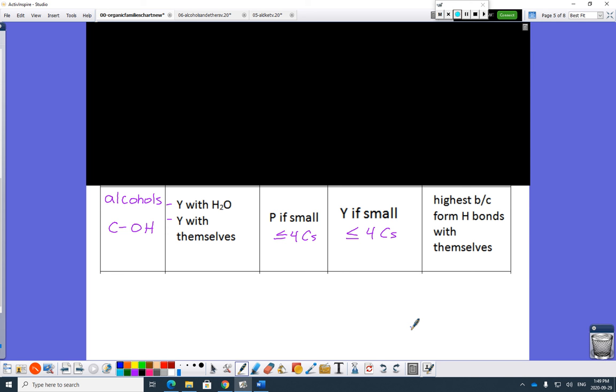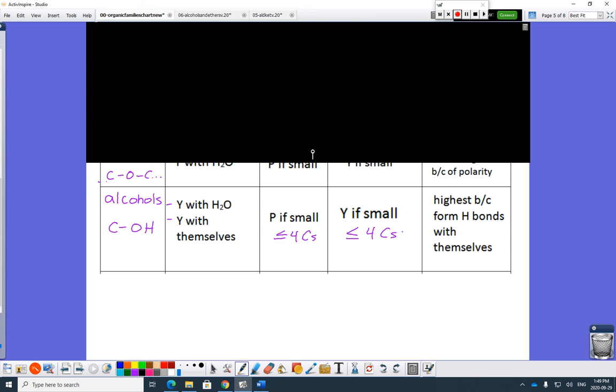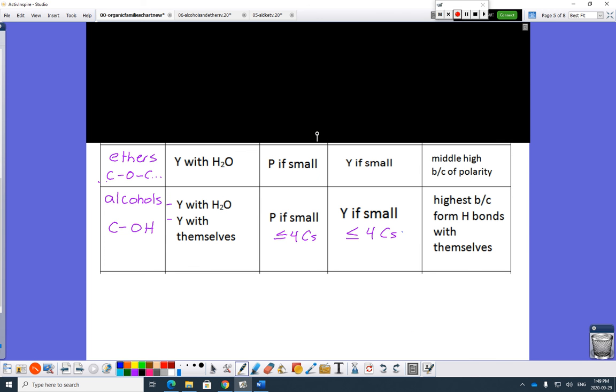Okay, then the next one is ethers. Ethers don't hydrogen bond with themselves, only with water. So they're in the middle. They're polar, but no H bonds with themselves. Okay, so there's 3 basic categories.